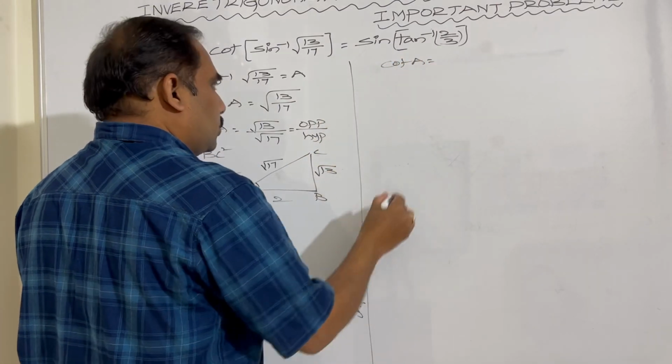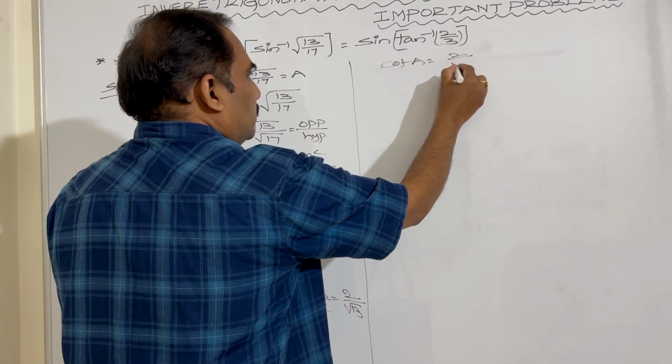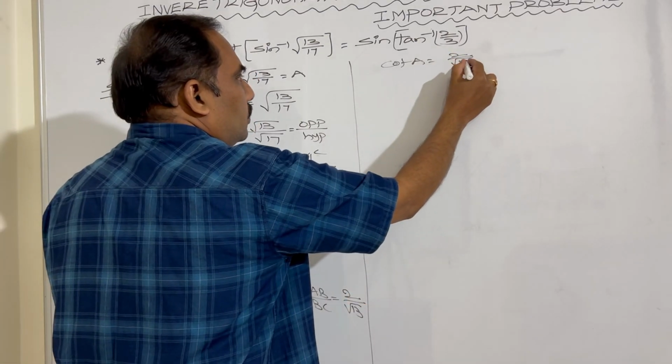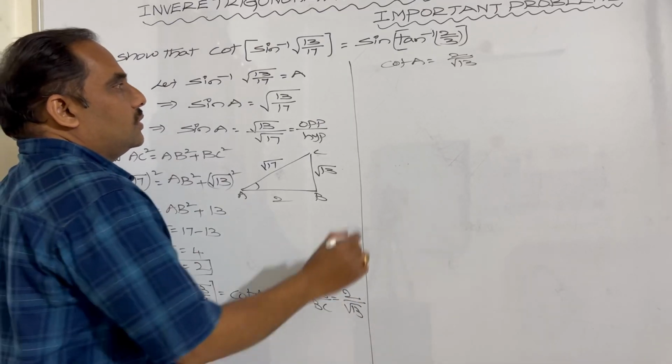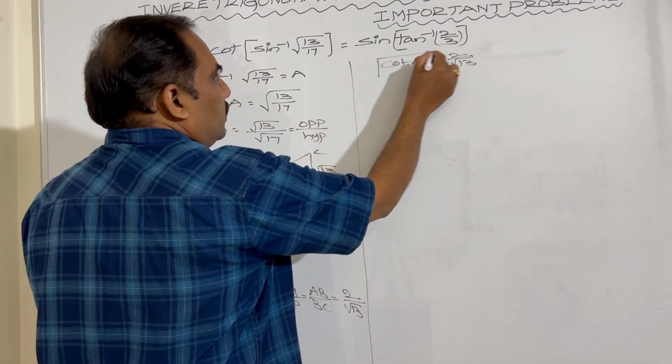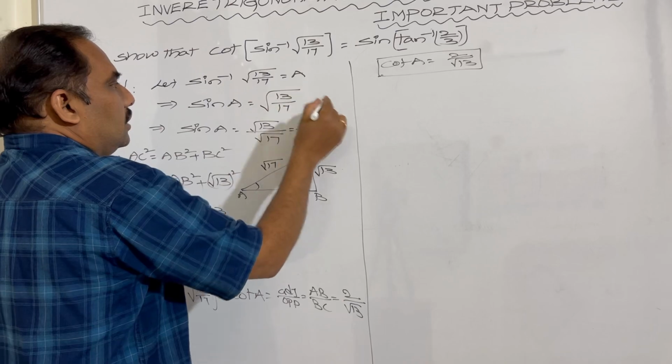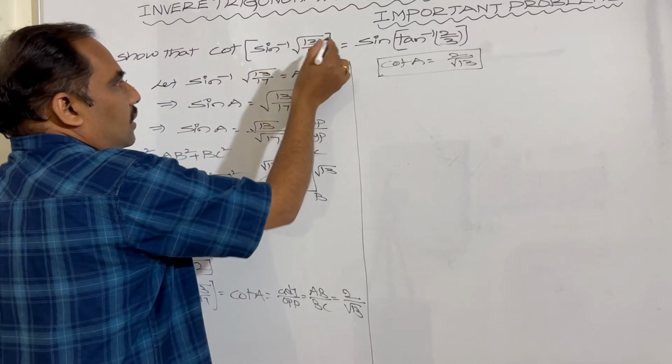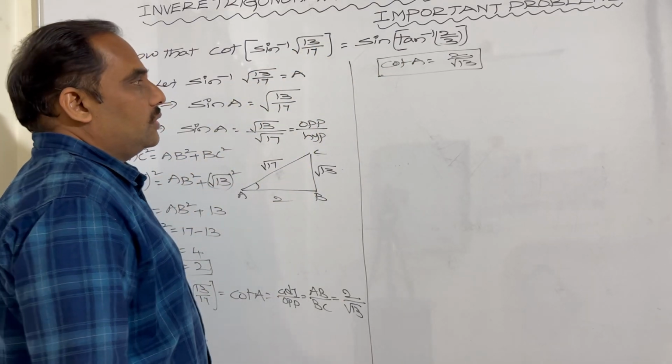So clearly cot A is equal to 2 by root 13. A is sine inverse of root 13 by 17.